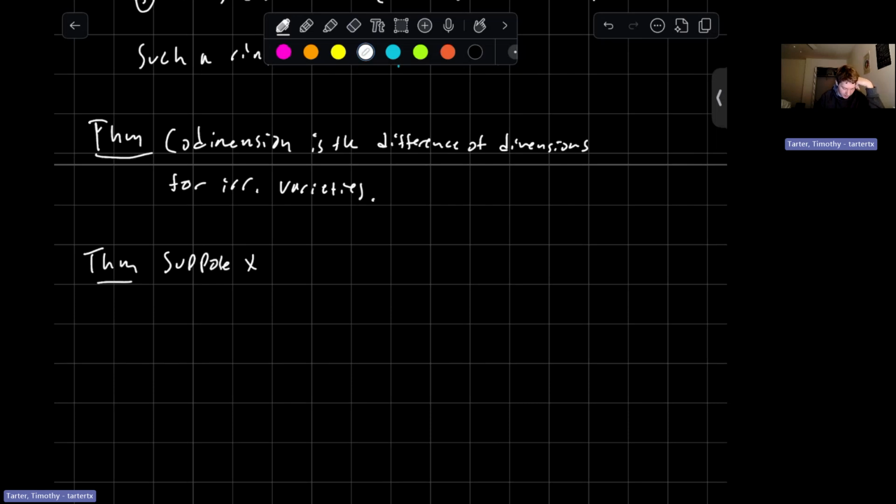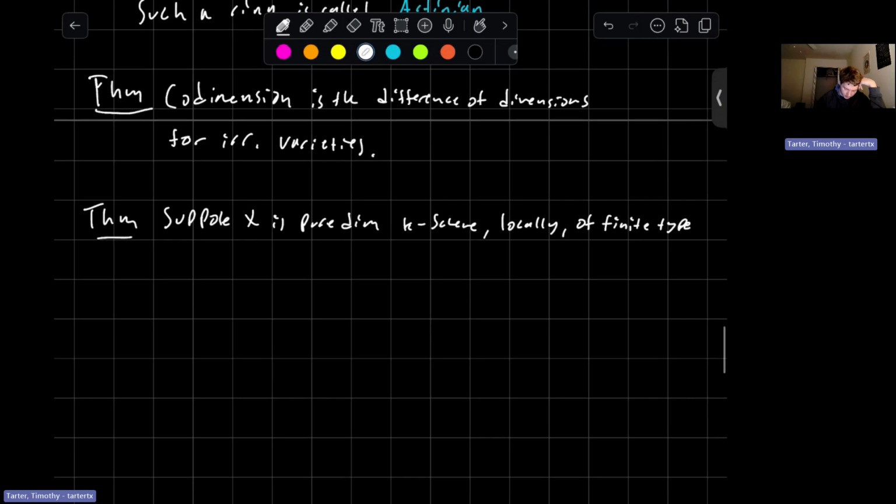So suppose X is a pure dimensional K-scheme locally of finite type. So like a K variety that's irreducible.